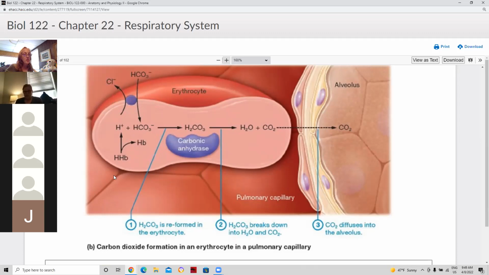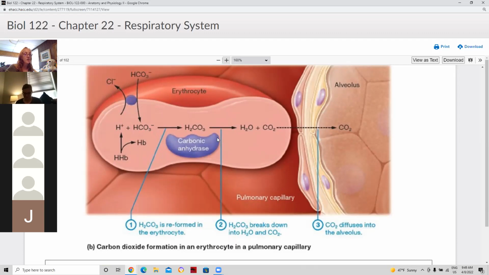The hemoglobin that bound up all those free hydrogen ions in the tissues is going to give up that hydrogen ion, and that hydrogen ion is going to react with bicarbonate. Bicarbonate is going to be reformed in the erythrocyte, forming carbonic acid.